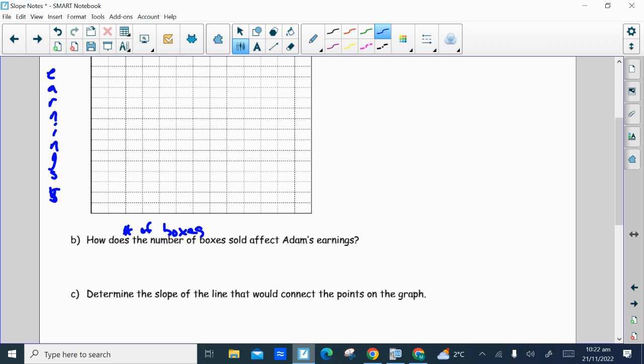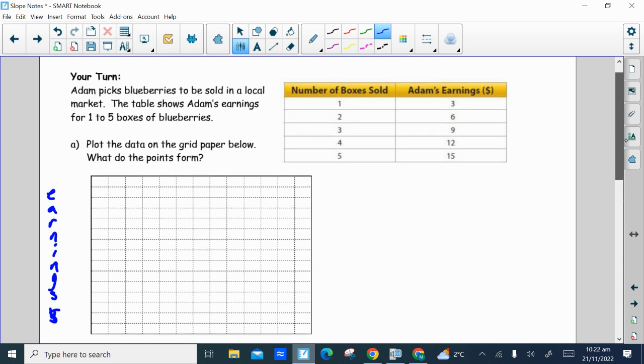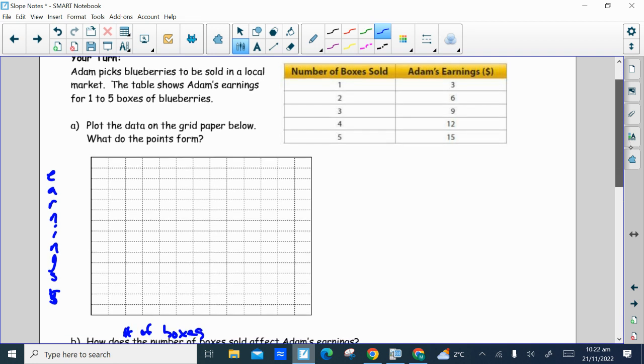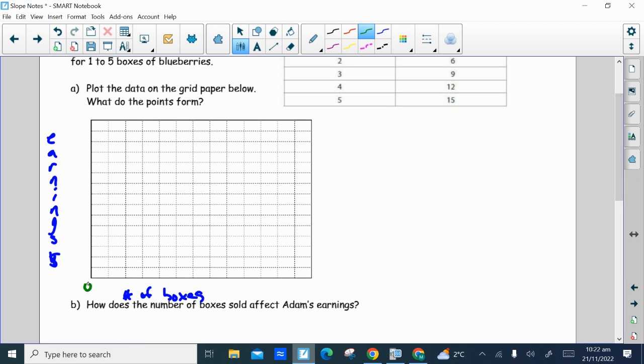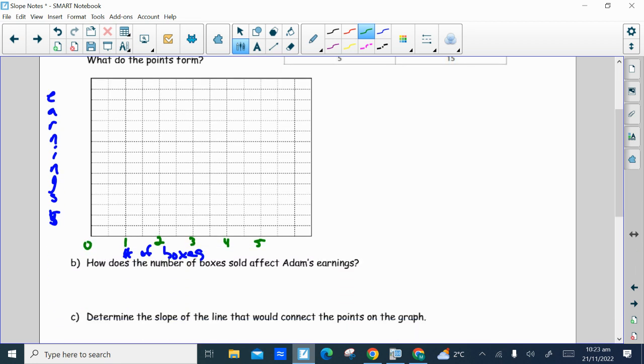So that's the first part. We have to label our axes, just like we did back in our graphing chapter. And we have to choose a suitable scale. The number of boxes has to go up to at least 5. So if I start with 0, maybe I'll skip a line and put 1, skip a line and put 2. All that does is make sure the data is not all squished together. The earnings have to go up to $15.